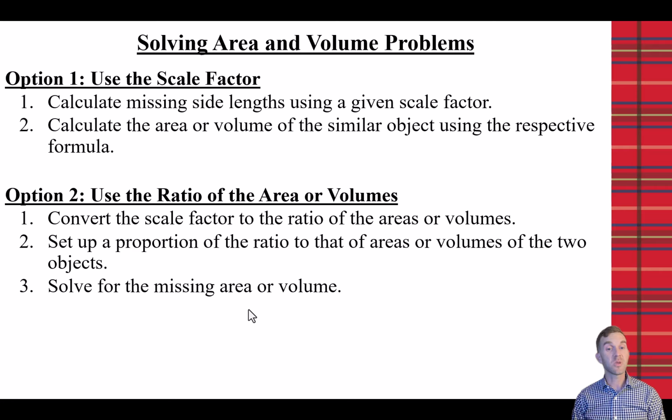The other thing we can do is start with the scale factor and convert it to the ratio of the areas or volumes, or if we have the ratio of the areas and volumes, we can convert that back to the scale factor. We can then use a proportion of the ratio to the other areas and volumes to help us find the missing objects. And we can solve then for the area or volume of that missing object based on that proportion. Often cross-multiplying and dividing is the most common way people think of this.